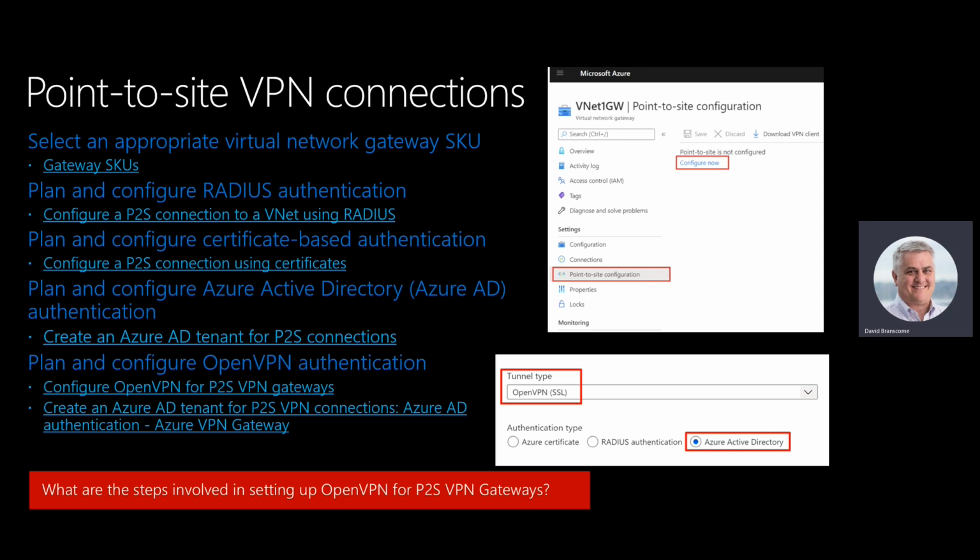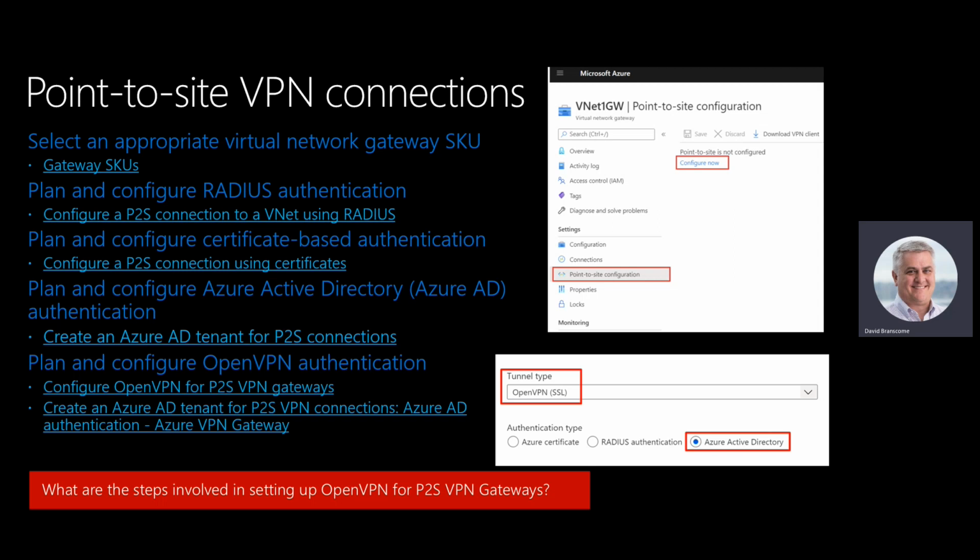However, this can only be used with Windows devices. The third one is IKE version 2 VPN. This is a standards-based IPsec VPN solution, and this could be used, as an example, to connect from Mac devices, so it's not limited to Windows machines.